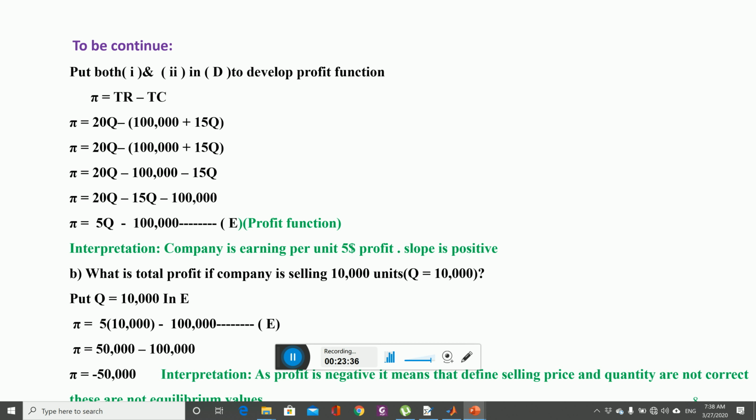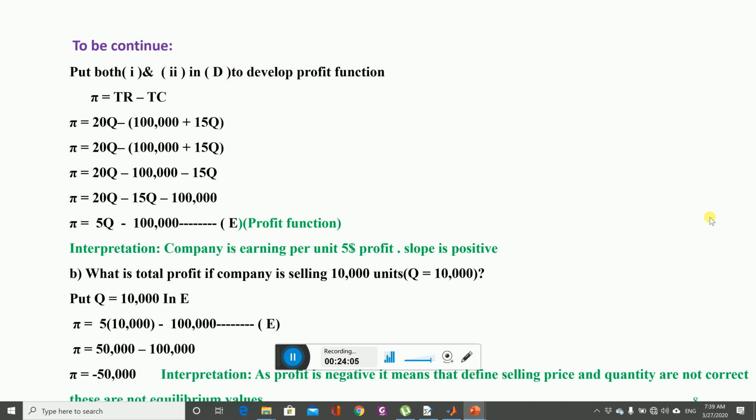If it is too low, you are selling more but the price is very low, so you are in losses. But if it is very high, you will lose customers, because when the price increases, quantity demanded will decrease. These are the possibilities: this price is not the revenue maximizing price. It is either a very high price or a very low price.